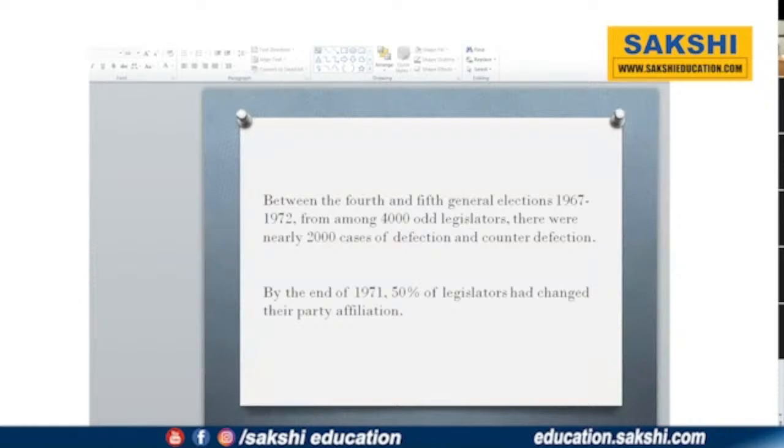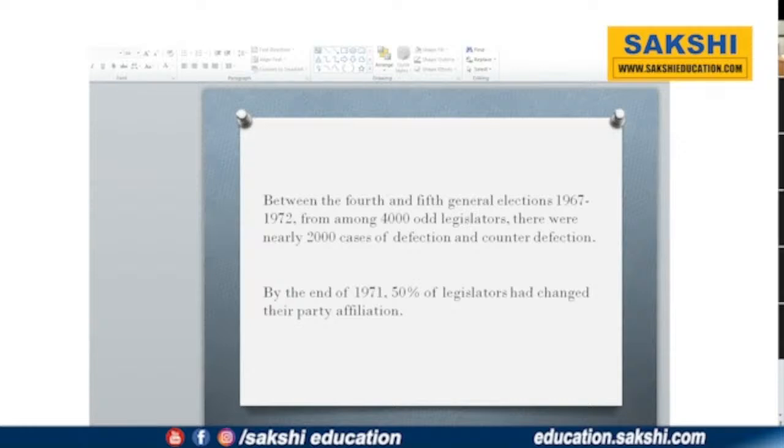This Soshit Dal, along with the Congress party, formed a government in Bihar after a year. That is, from 1967, almost in 1968, the Congress and the Soshit Dal formed a government.